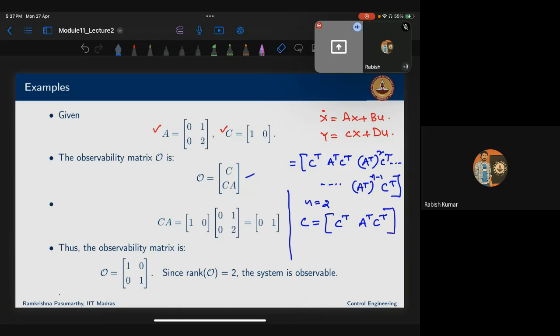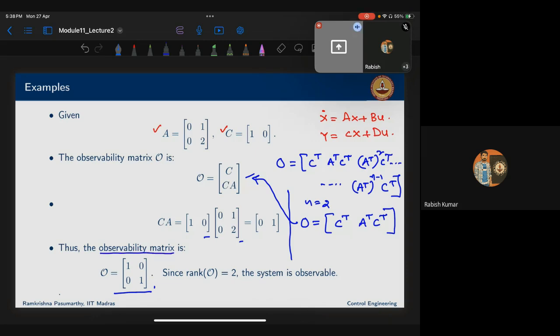This should be O. Both are the same. Now write down the C transpose and A transpose C transpose, both put together. So this is the O matrix, the observability matrix.